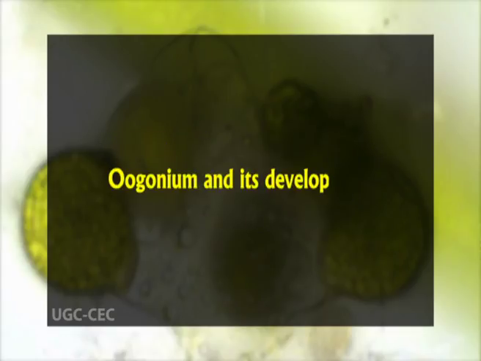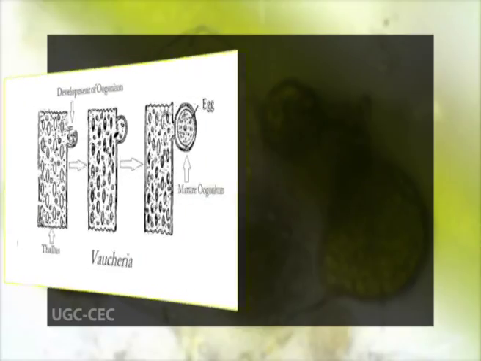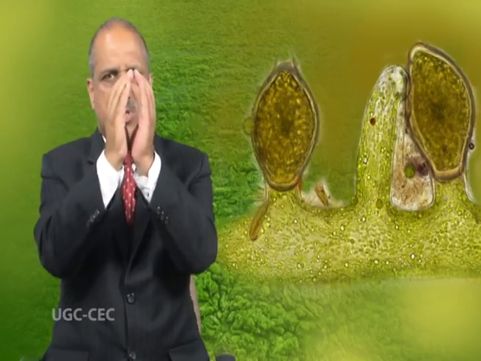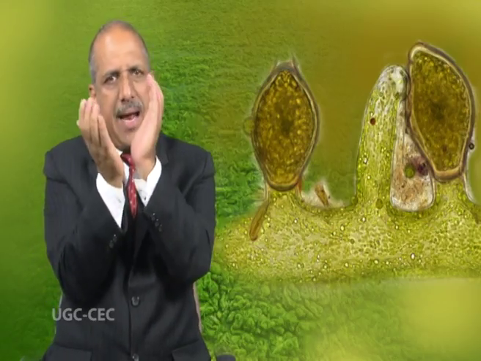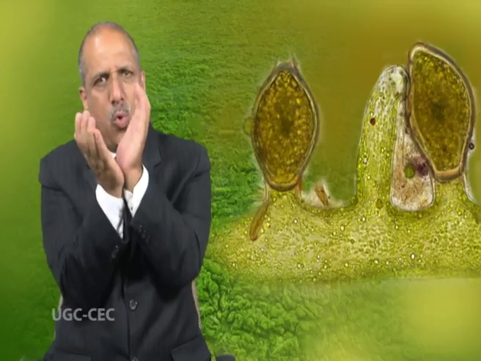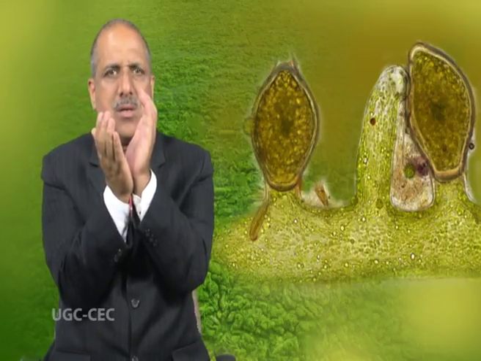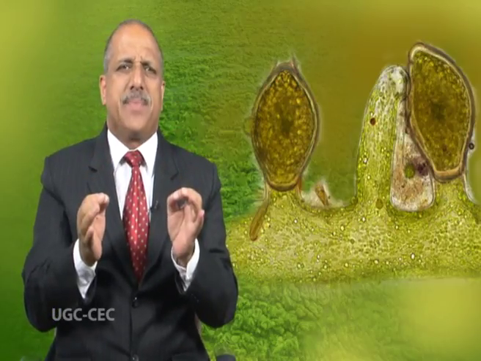Now let us try to understand oogonium and its development. The oogonium is the female reproductive body which initiates as a small protuberance at the base of the antheridium. Suppose this is the position of antheridium. At the base of antheridium, oogonium is formed as a protuberance. It arises due to accumulation of cytoplasm and a large number of nuclei.